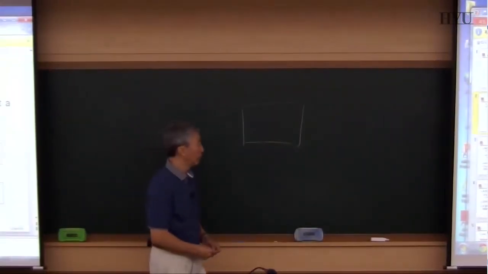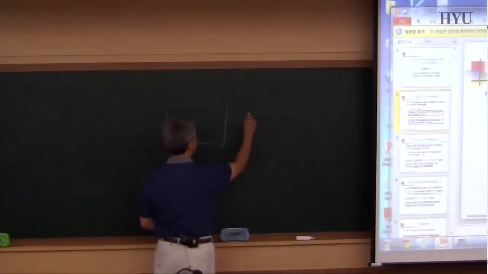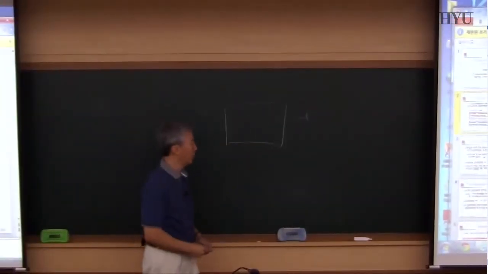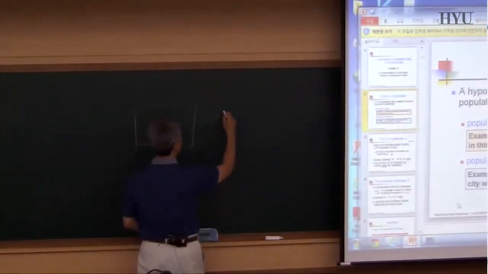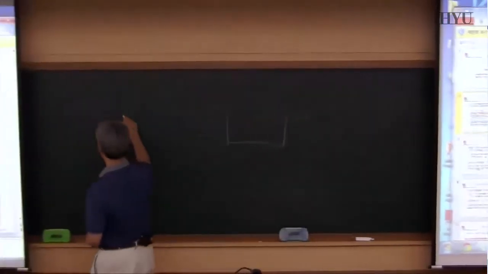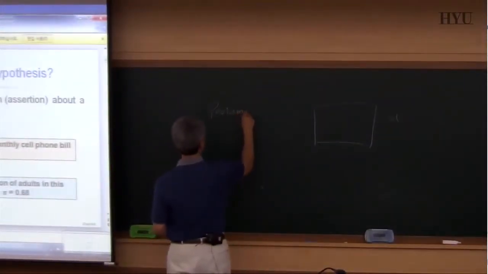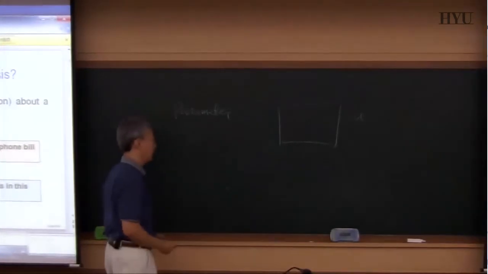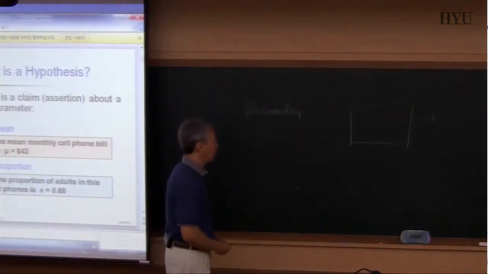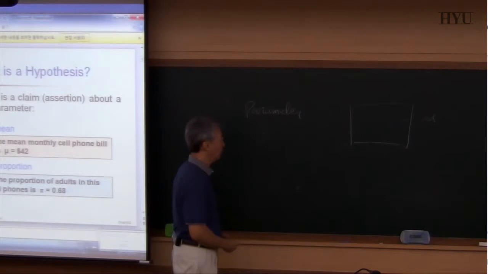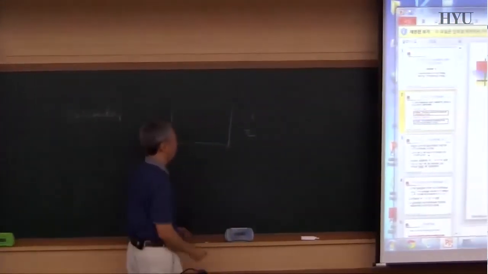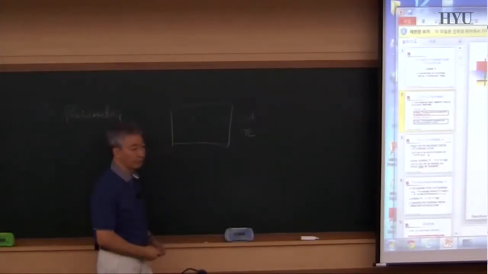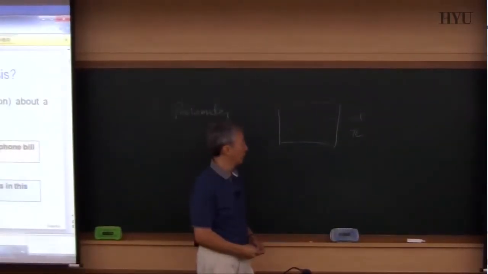So what we are looking for is, say, average height, what we call population mean, or population parameter. So there are population parameters, typically mean, proportion, or sometimes standard deviation. Those are typical population parameters that we are interested in.